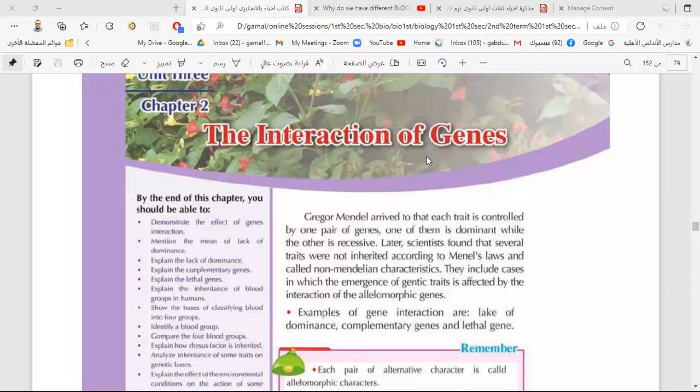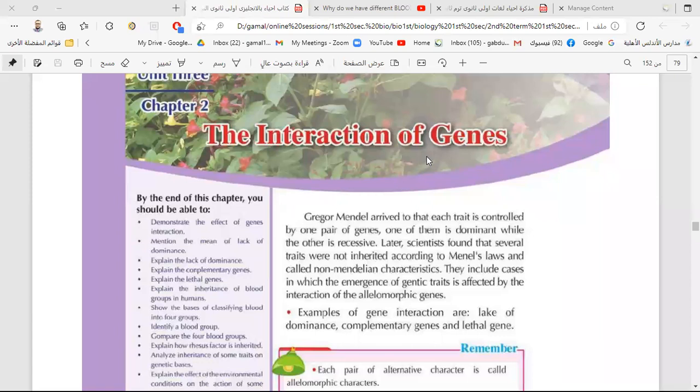When the dominant and the recessive meet together, the dominant can appear itself, but the recessive cannot express itself unless it is found with another recessive gene.